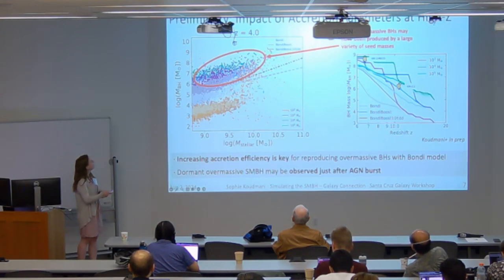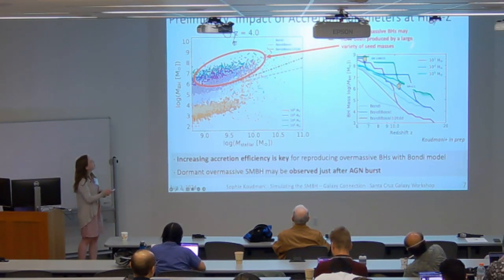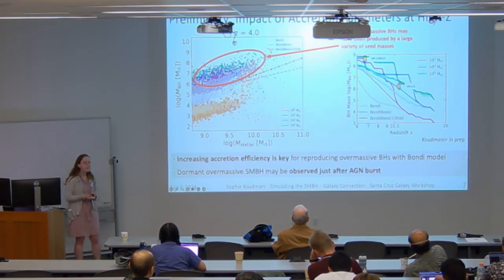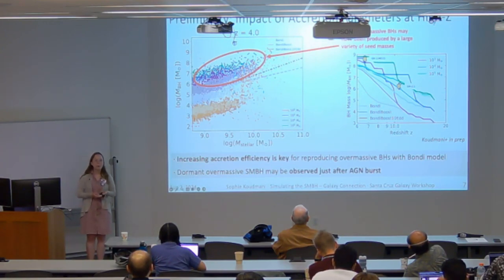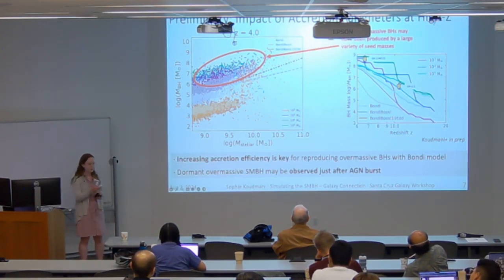You can see this on the left-hand side. And if you look at some of the most extreme objects that were also discussed in previous talks, such as GN-z11 and the Infinity galaxy overmassive black hole that was recently published, you can again see there's a wide range of tracks that match those, although it does seem that you may need super-Eddington accretion to fully match the properties of these objects, including star formation.